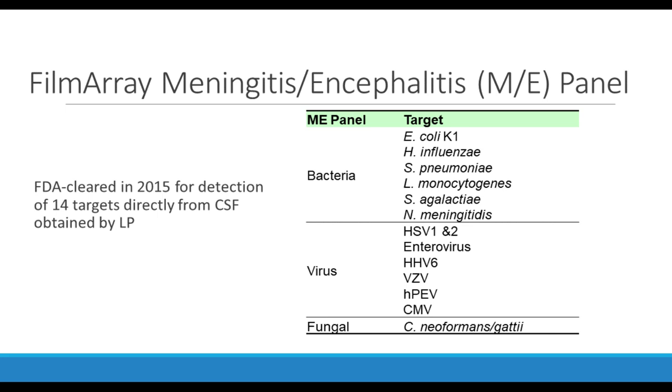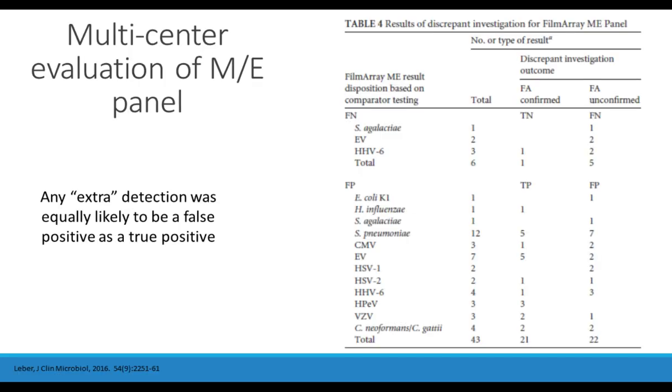You can see the targets present on this panel: E. coli, Haemophilus influenzae, Streptococcus pneumoniae, Listeria monocytogenes, Streptococcus agalactiae, Neisseria meningitidis, the viruses herpes simplex virus 1 and 2, Enterovirus, human herpes virus 6, varicella zoster virus, human parechovirus, and cytomegalovirus, and then your fungal target of Cryptococcus neoformans and gattii.